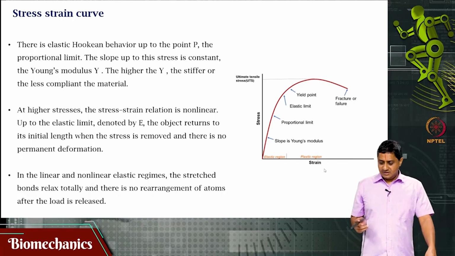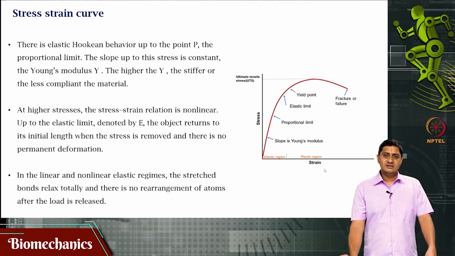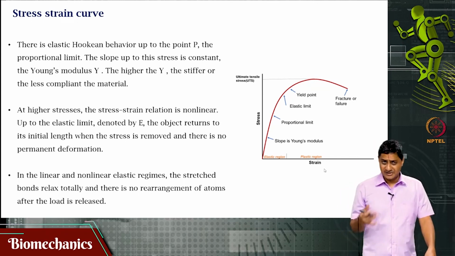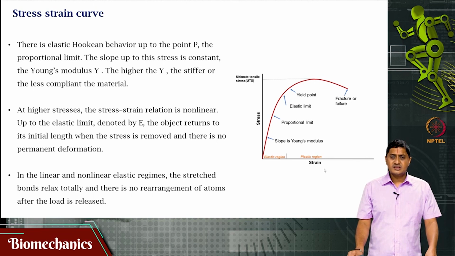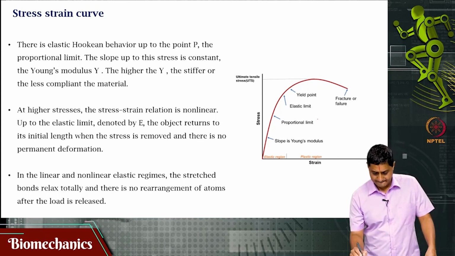So, if you plot the stress and the strain for materials, for example some engineering material, let us take steel, there is a particular point until which the stress and strain are related linearly, right.